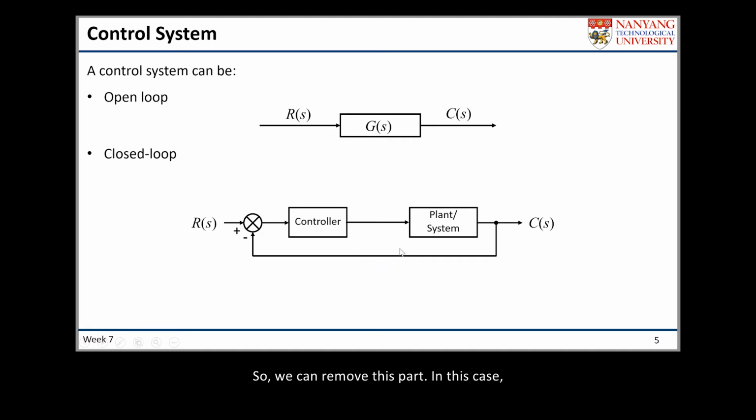So in this case, this is the representation of the second type of system, which is a closed loop system. You put your heat pump, which is an open loop system, because you don't control it, and you combine it with a controller.